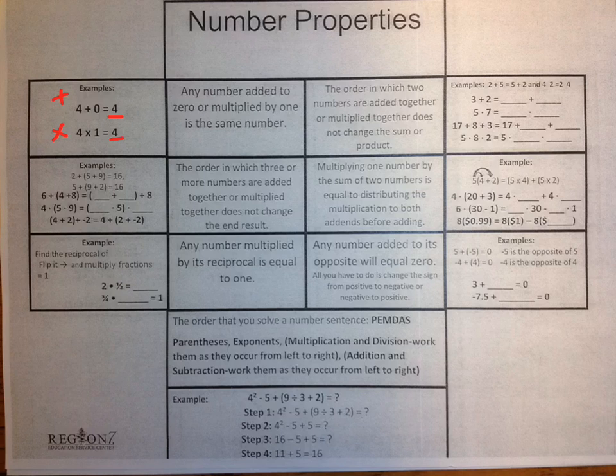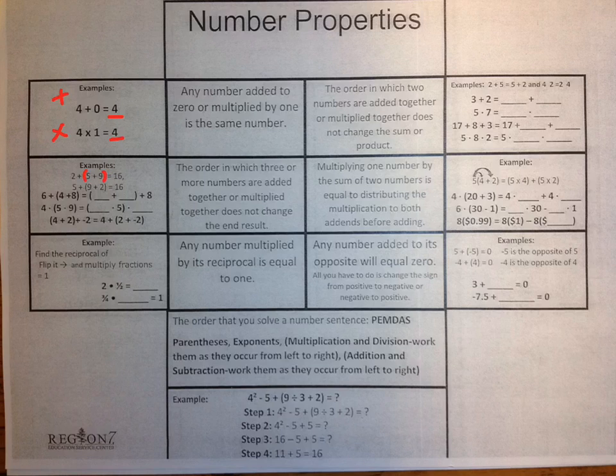Okay. The next one. The order in which 3 or more numbers are added together or multiplied together does not change the end result. This is going to be the associative property. So your examples are 2 plus 5 plus 9, and if you notice, 5 and 9 are in the parentheses, and it gives you 16.